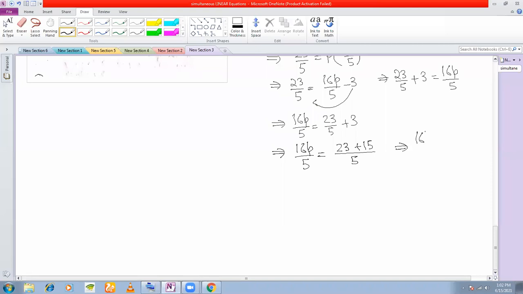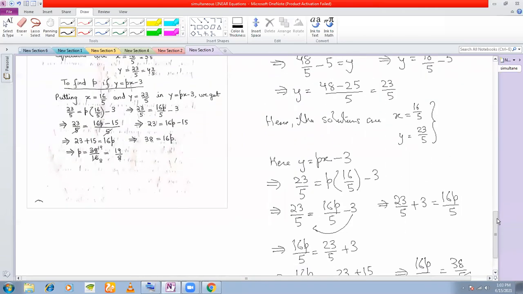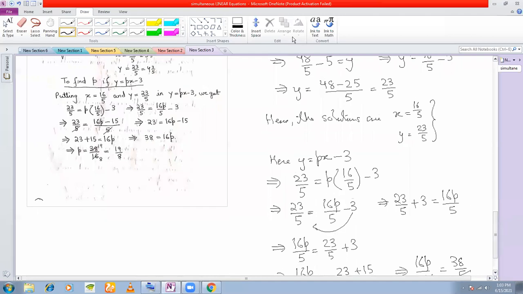So 16p by 5 is equal to 38 divided by 5. That means 5 and 5 will cancel from the denominator. You get p is equal to 38 divided by 16, which you can cancel with 2. So the value of p is 19 divided by 8. Okay. Any question on any step till now?